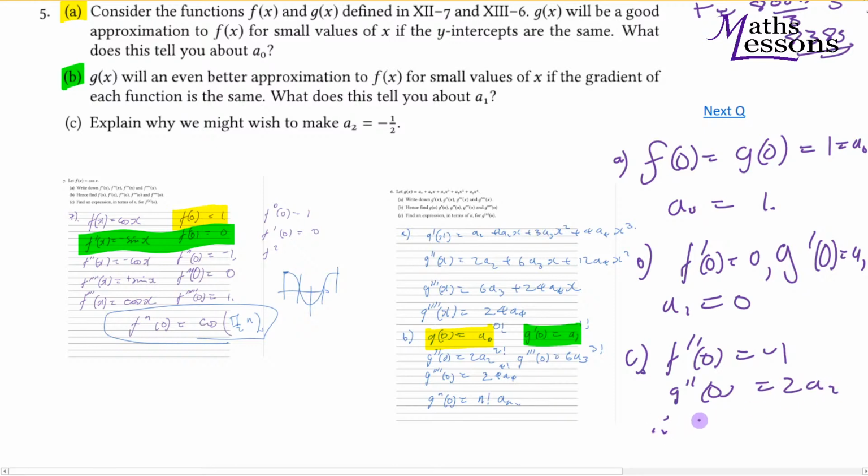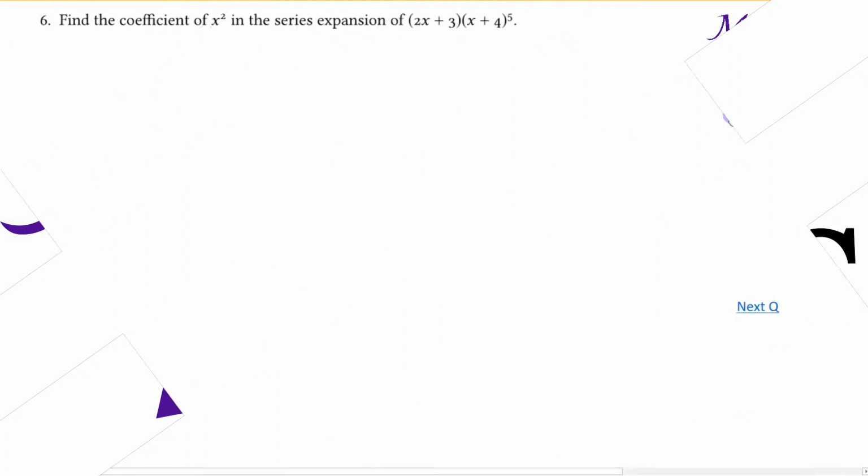So therefore, a2 must equal minus a half. And for those who've gone through and done Maclaurin already, this is just the first two stages of Maclaurin, and we'll get to a more formulaic way of doing Maclaurin ready for doing proper exam questions on it in due course. Right, next question.